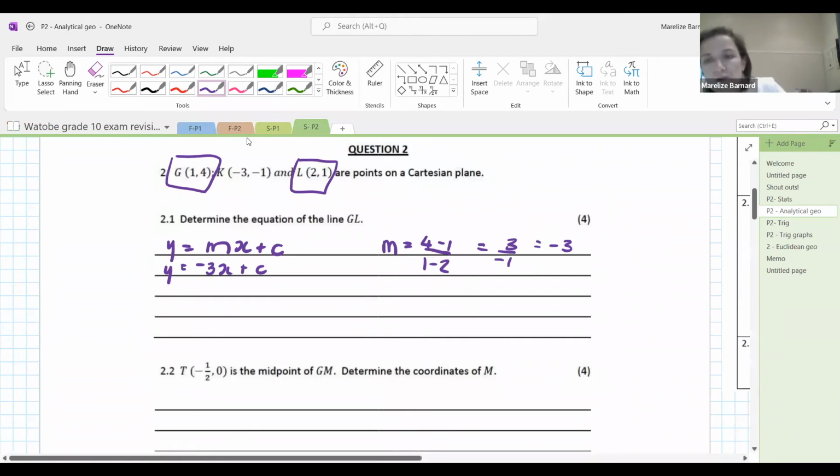And now we need C. So work out what C is and then pop it in the chat. Those of you who are working fast, you can go ahead to 2.2 already.